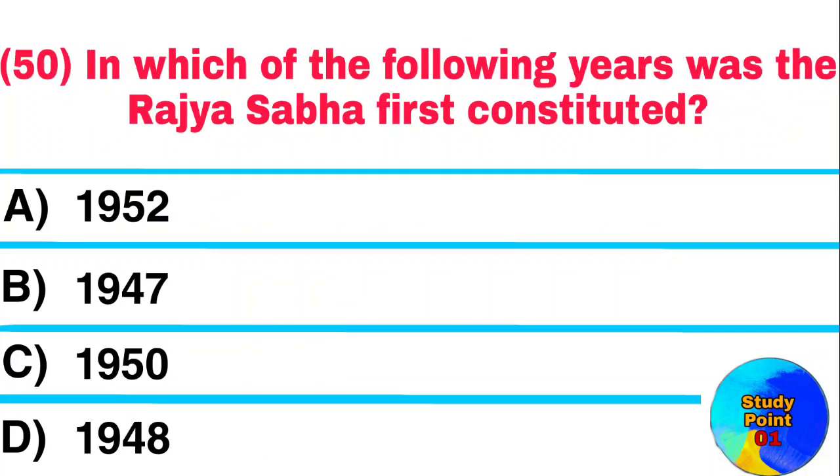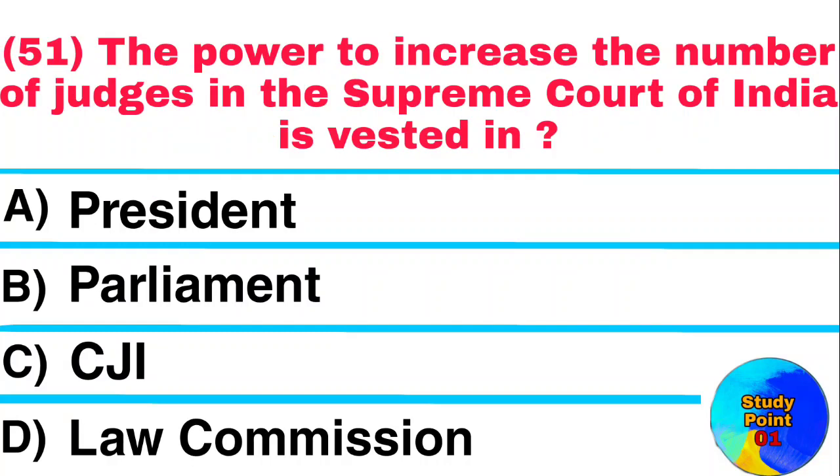Question. In which of the following years was the Rajya Sabha first constituted? A. 1952. B. 1947. C. 1950. D. 1948. Answer. 1952. Question. The power to increase the number of judges in the Supreme Court of India is vested in A. President. B. Parliament.